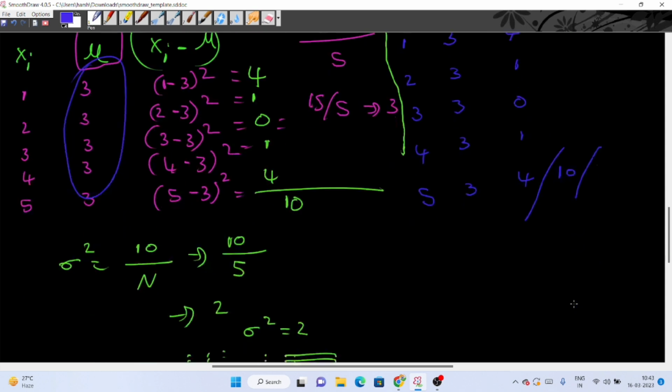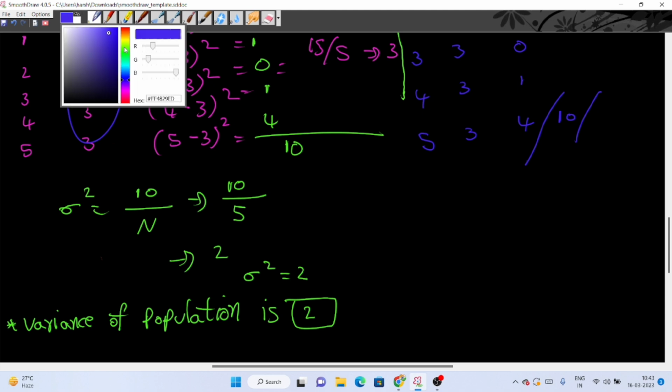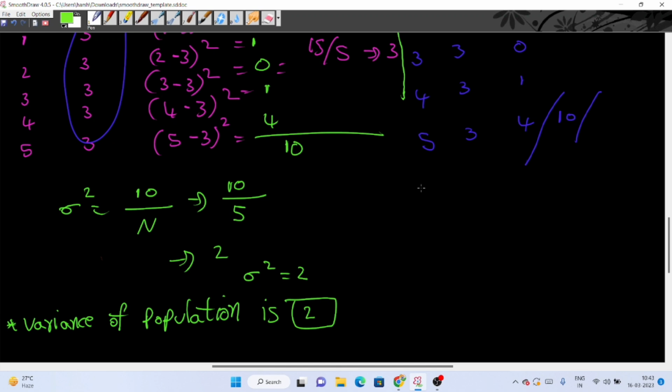So based on the formula, now S square will become 10 by n minus 1. That means 10 by 5 minus 1.